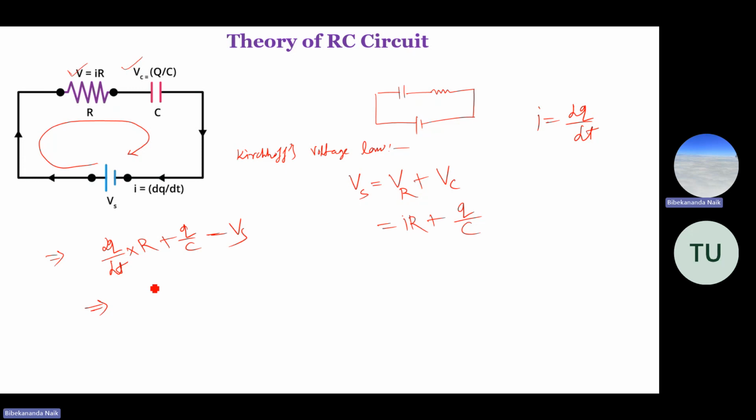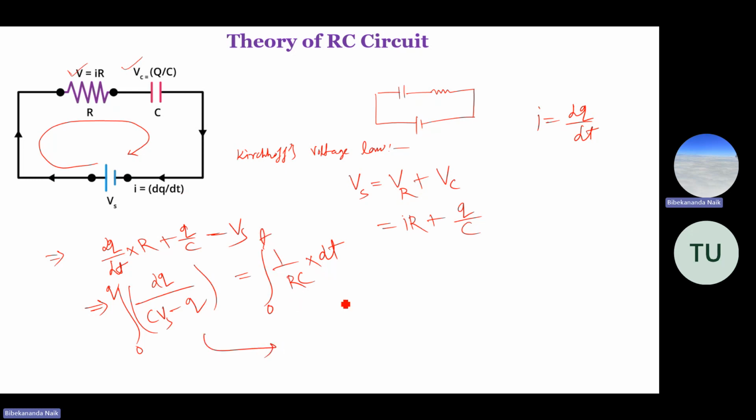If you rearrange these equations, we get dq by (CVs minus q) equals 1 by RC into dt, isn't it? If you integrate both sides, it will be 0 to q, because initially there is no charge in the capacitor, and after a certain time t the charge stored in the capacitor is q. So for time it will be 0 to t.